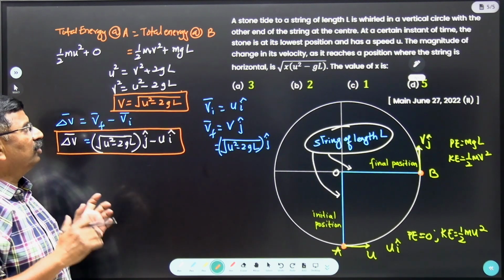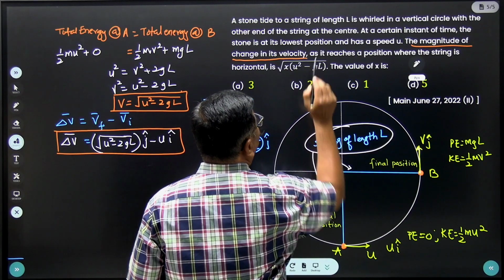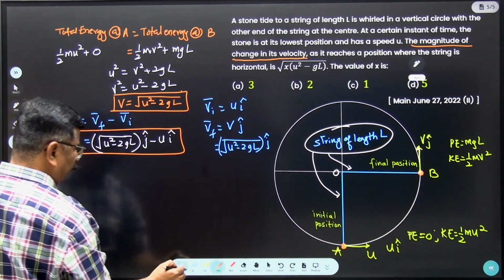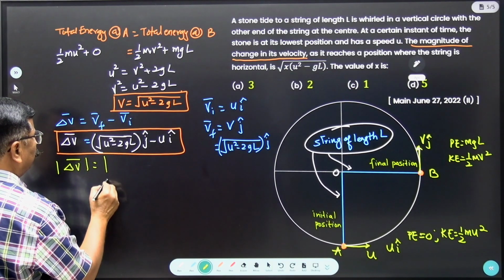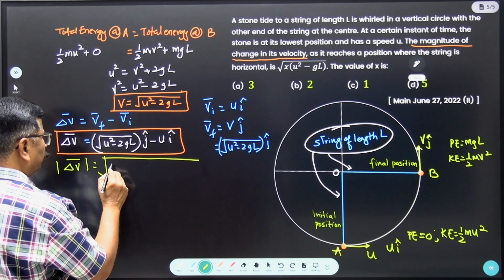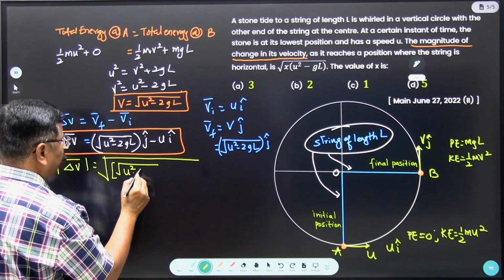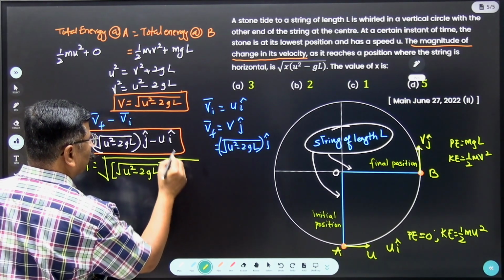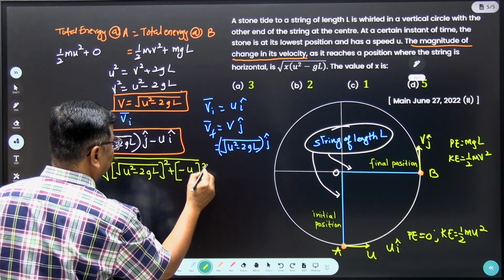Now we want to find out the magnitude, because what they have mentioned here is the magnitude of change in velocity. So the magnitude of this vector will be under root the coefficient of j cap the whole square, under root u square minus 2gl the whole square, plus coefficient of i, which is minus u, the whole square.